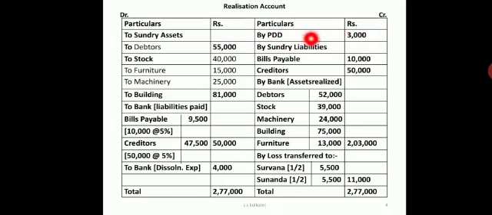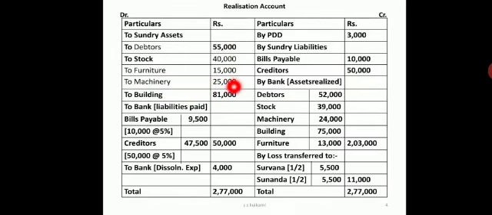So 55 minus 3 will give me the balance. Students, don't take directly the outer column amount, take the inner column amount if there is PBD appearing in the old balance sheet. Next, stock 40,000, furniture as it is 15,000, machinery 25,000, building 81,000.